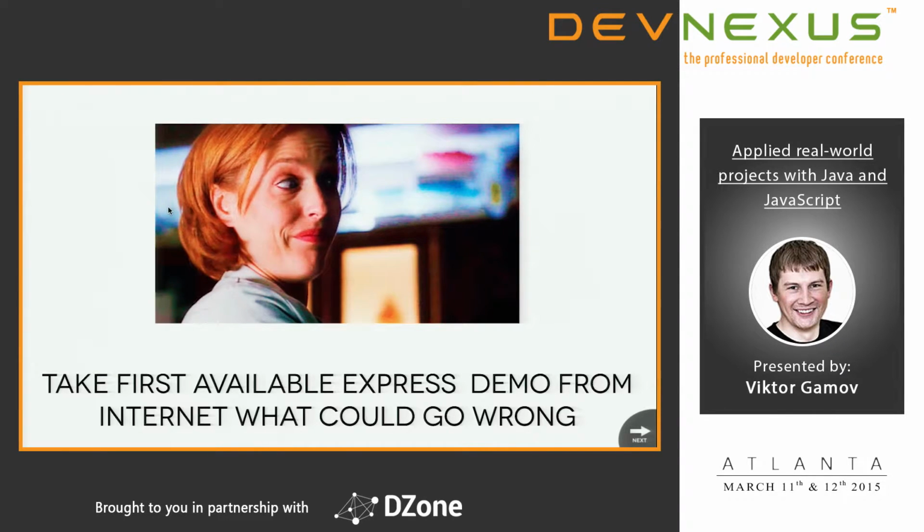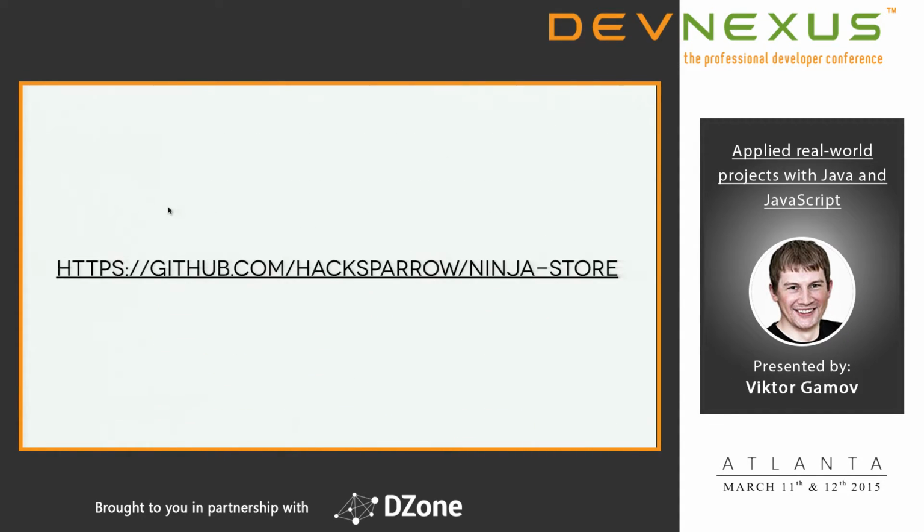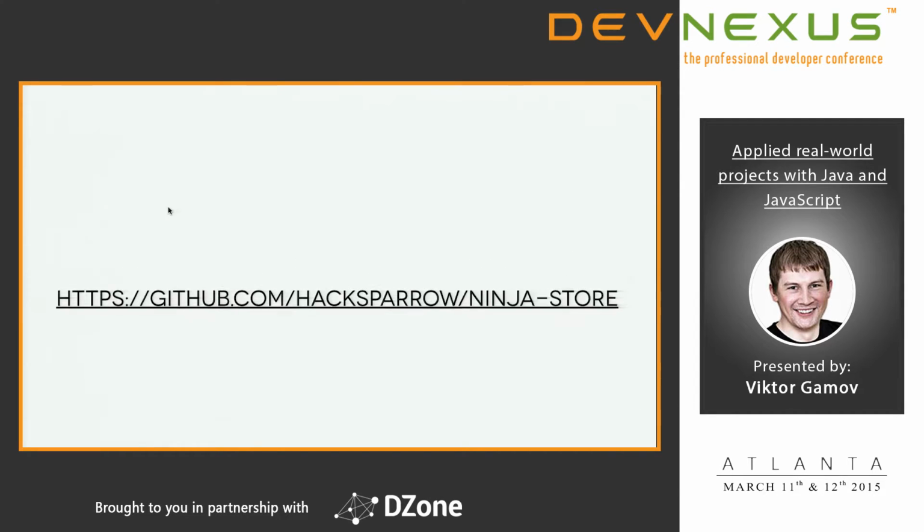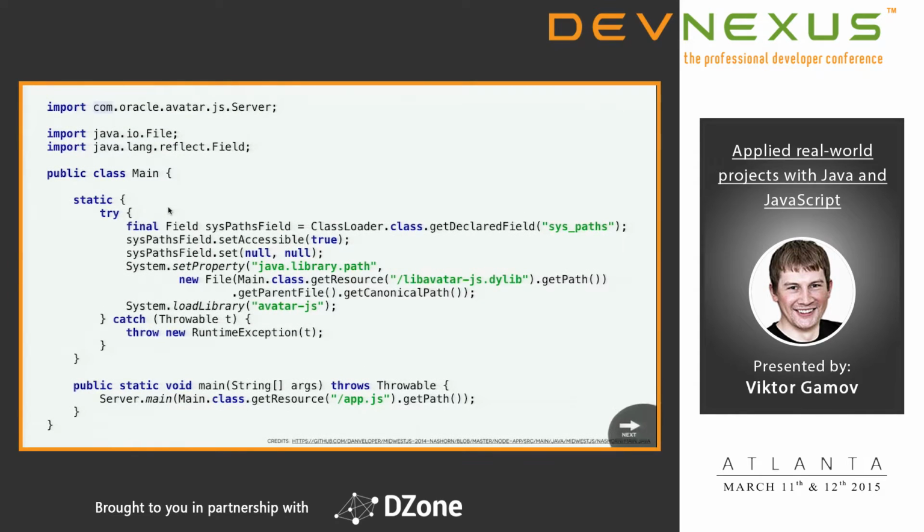It would use some frameworks, like a network framework such as Express, and other things. So I just Googled it. It's a good idea, right? I found this project called Ninja Store. This is a place where a real ninja can buy shurikens and katanas and stuff like that. However, to run it, I need a little bit of Java.